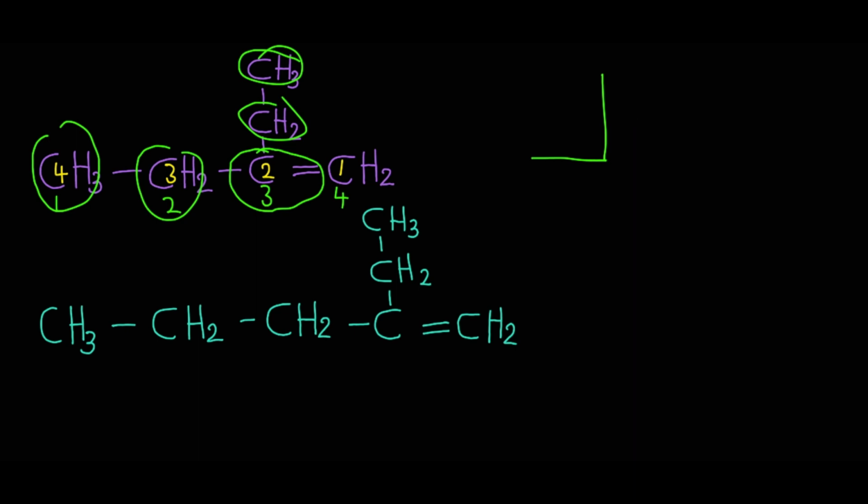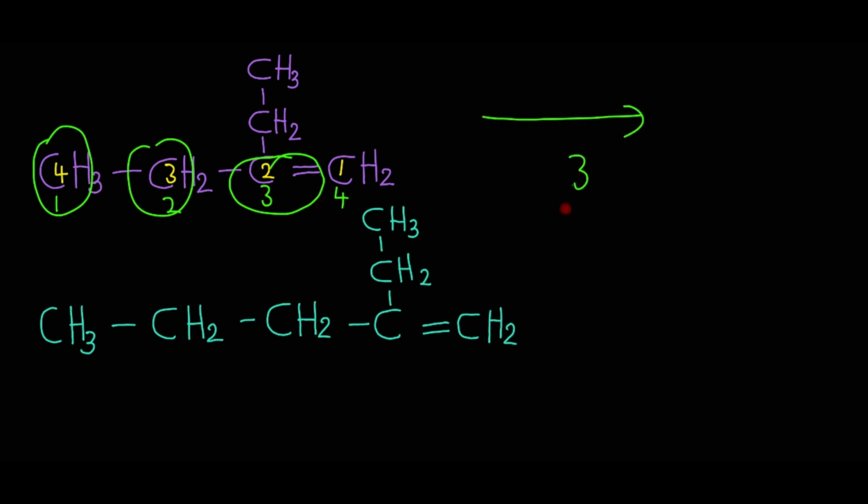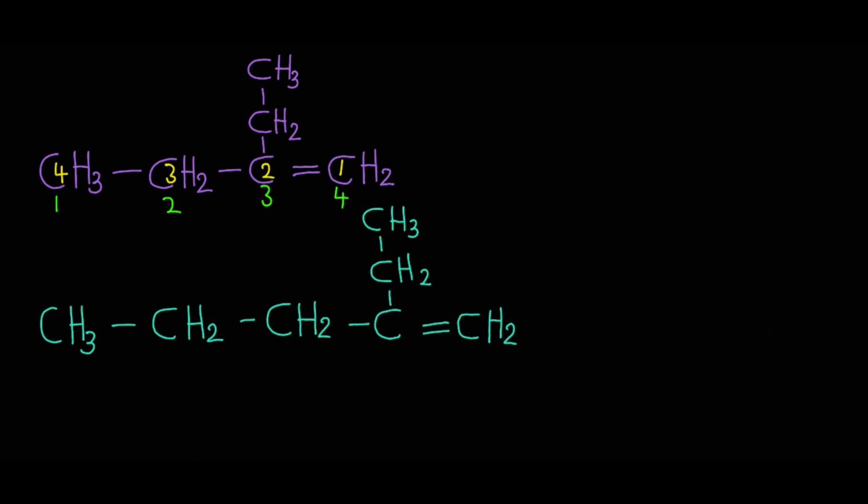So now let's see other options. Here from left to right, this is 1, this is 2, this is 3. So still in this direction we obtain 3. And then from right to left, this is 1, this is 2, this is 3, and this is 4. The double bond obtains carbon number 1.